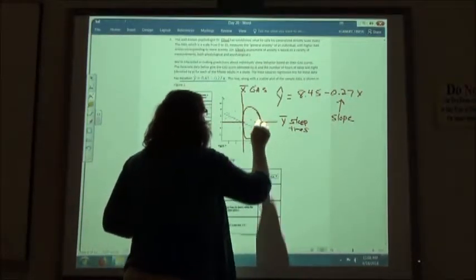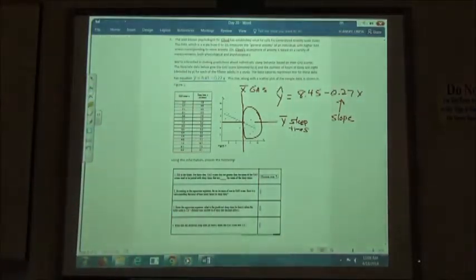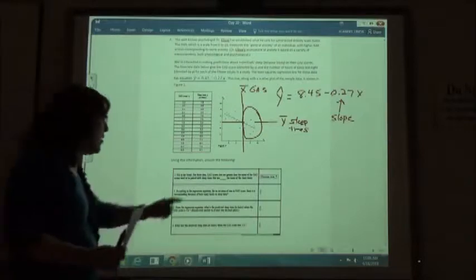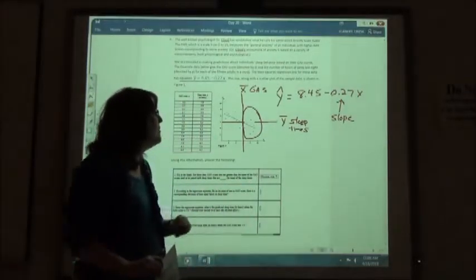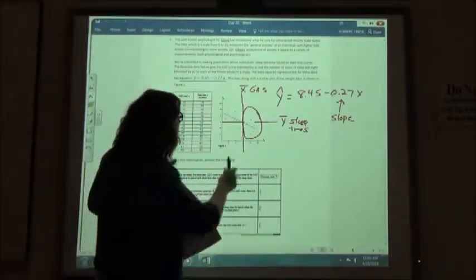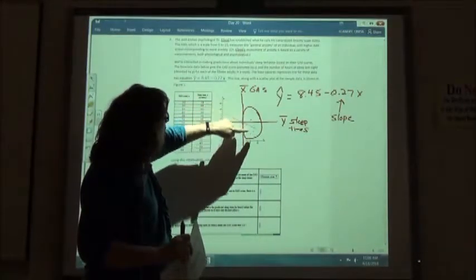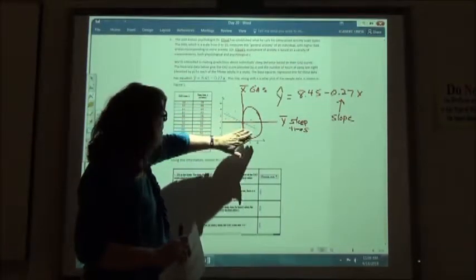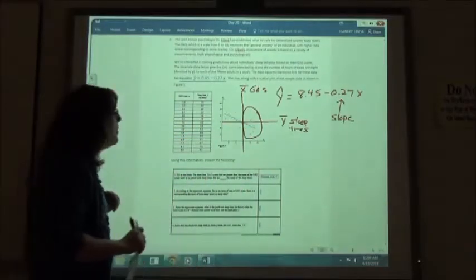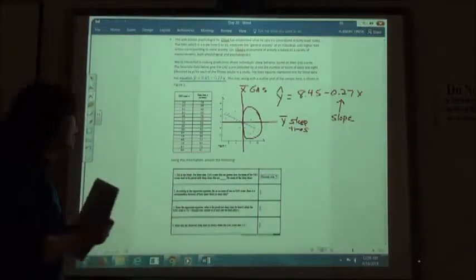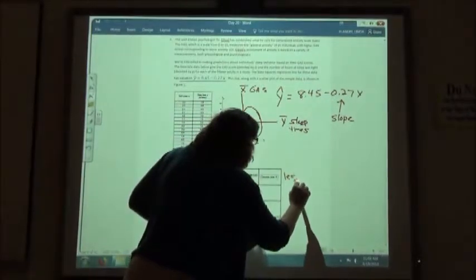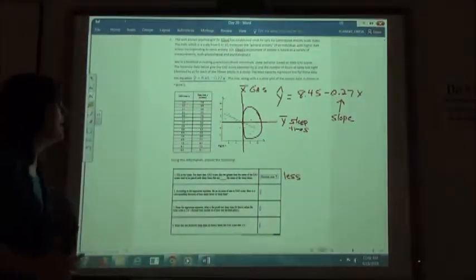All of these on this side. Those values that are greater than my GAS score tend to be greater or less than the mean of my sleep times. Well, the mean of my sleep times is this bar right here. Do I have more dots above the bar or more dots below the bar? In this case, I have more dots that are below the bar, and so they would be less than the mean of the sleep times.